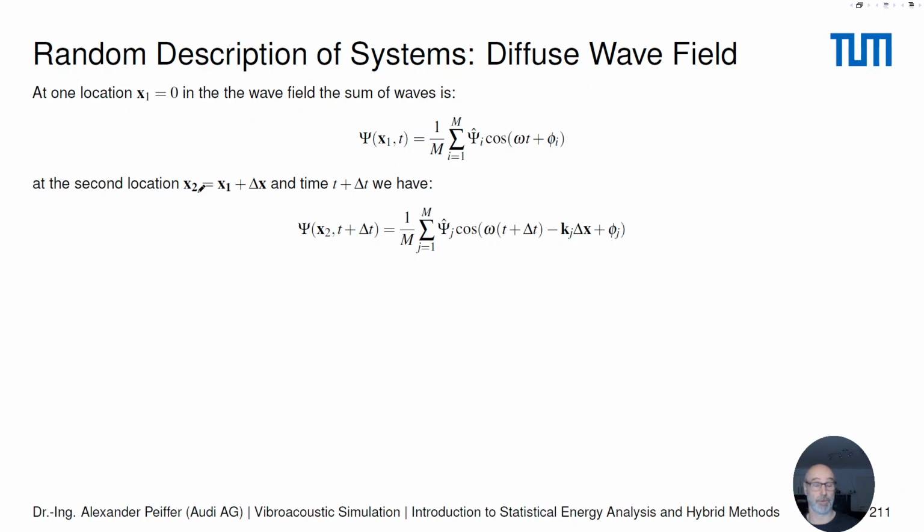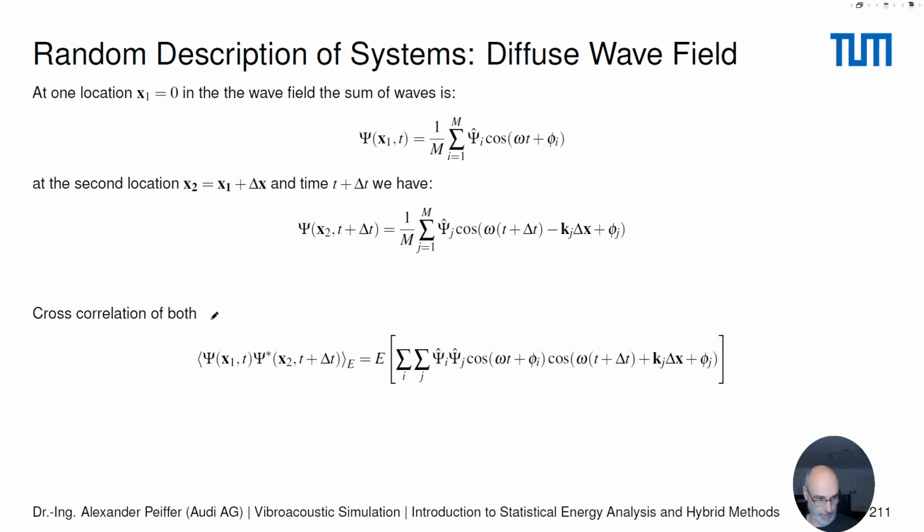We have to do the same for a second location, which is just described by a distance delta x, and a different time, which is just the time plus a time delta. And then we have this expression for the second wave field, averaged over all the different plane waves.